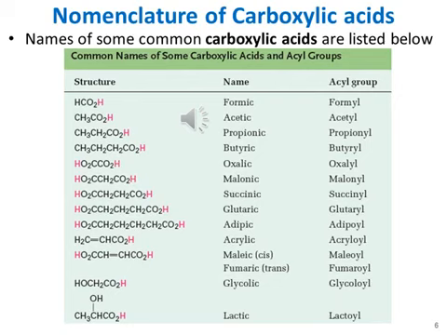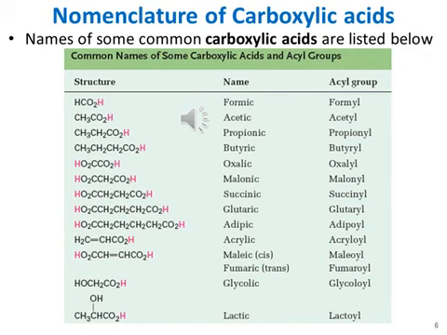Similarly, the next one is the propanoic acid, or it is also called the propionic acid. Propionic acid is the common name, whereas propanoic acid is its IUPAC name. When the propanoic acid loses one proton, the remaining anion is called the propionyl anion.